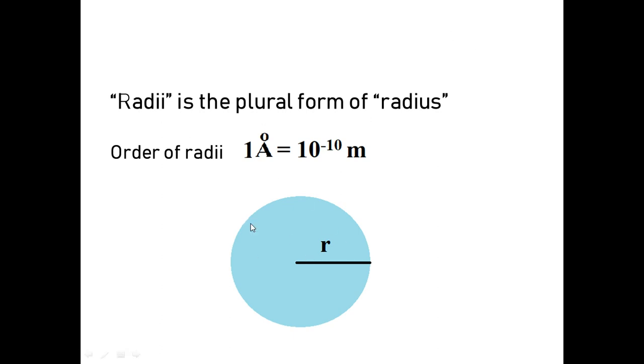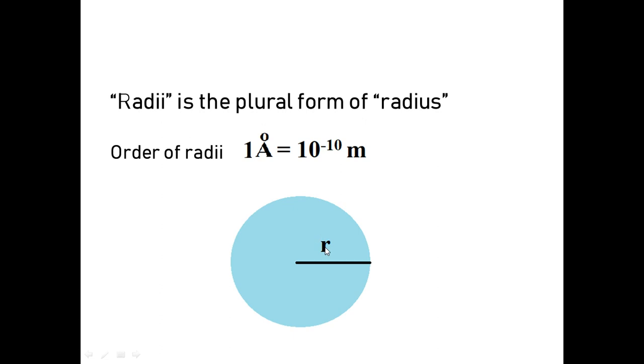You can see here this is an atom that is completely spherical in nature, and the radius is represented by small r, and the order of that radius is around 10 raised to power minus 10 meter. If we ask what would be the order of the radius of the nucleus, the nucleus lies somewhere at the center of this atom.